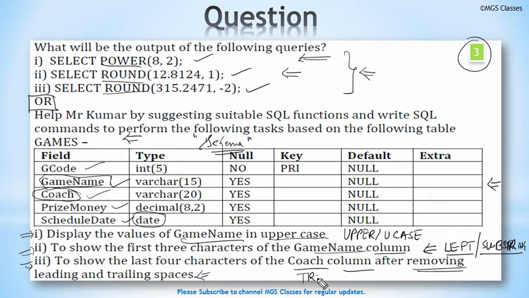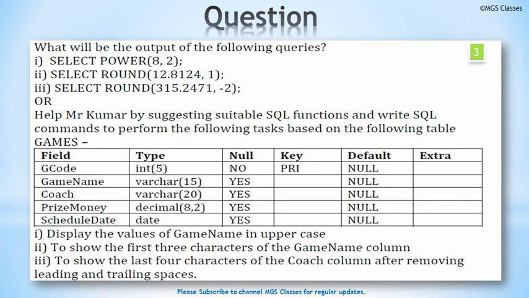So you can use the trim function to remove both the leading and trailing spaces, and then the output of this function will be passed to fetch the last 4 characters. So for fetching the last 4 characters, you may use the right function, or you may use substr or mid, whatever you want. Two ways you can answer this question. So we will see how we can answer this question.